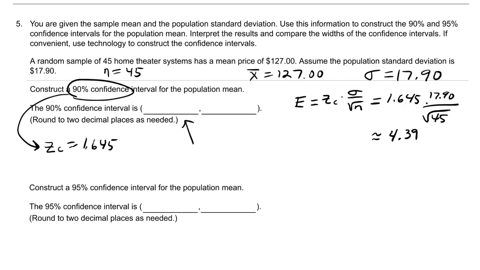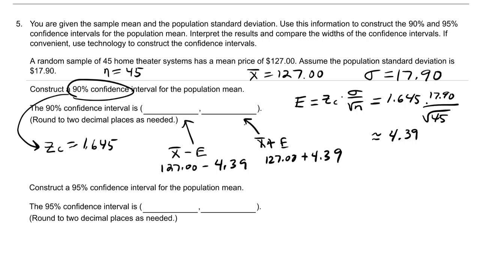So the left endpoint is going to be x bar minus e, in other words, 127.00 minus 4.39. And the right endpoint is going to be x bar plus e, which would be 127.00 plus 4.39, and that's going to give us 122.61 to 131.39. So there's our 90% confidence level interval.